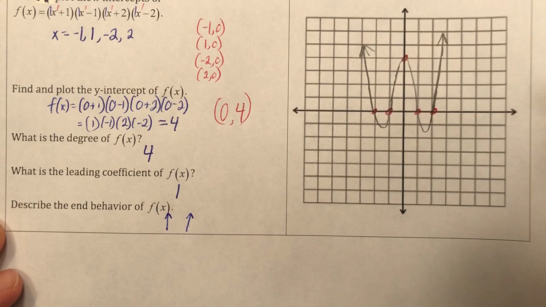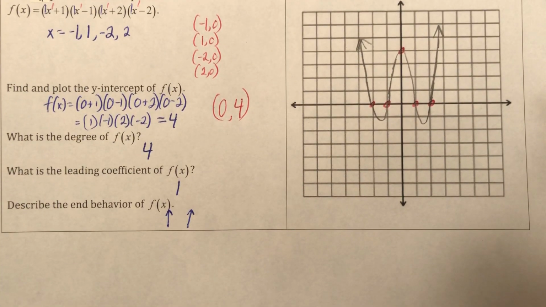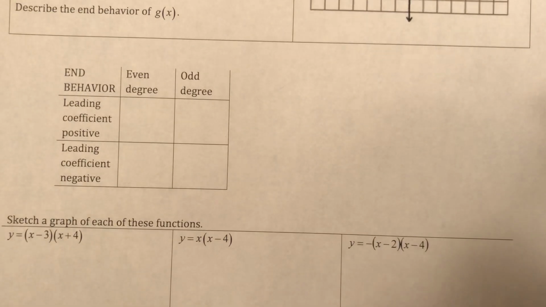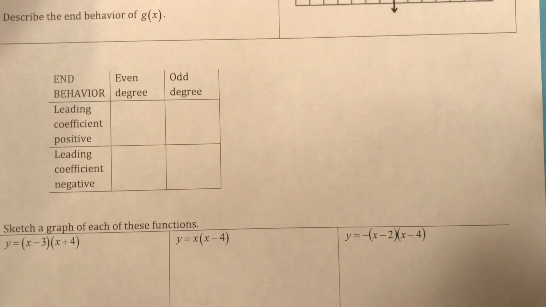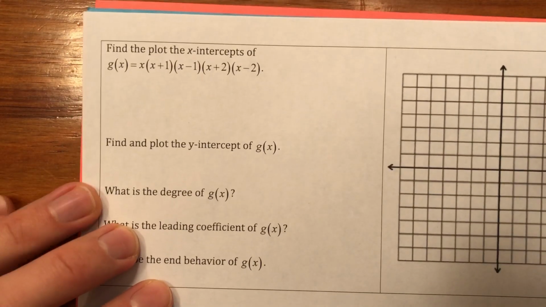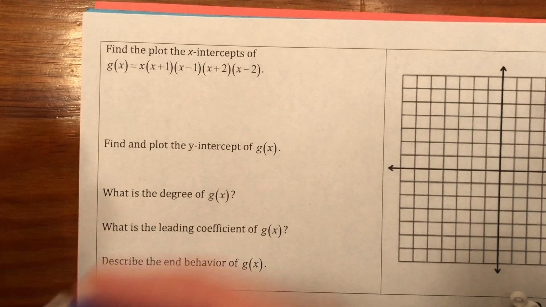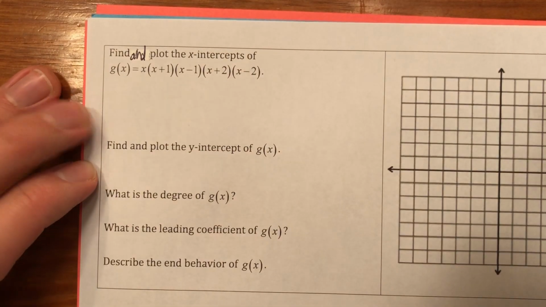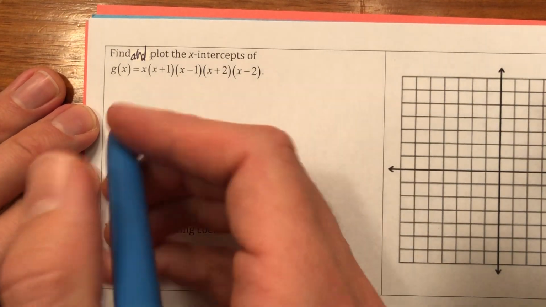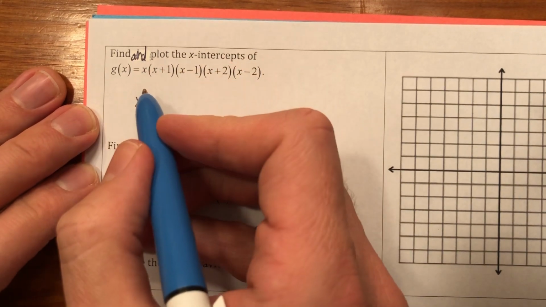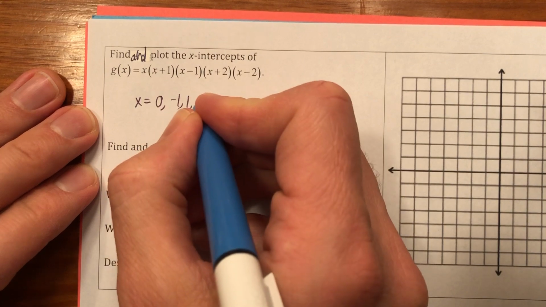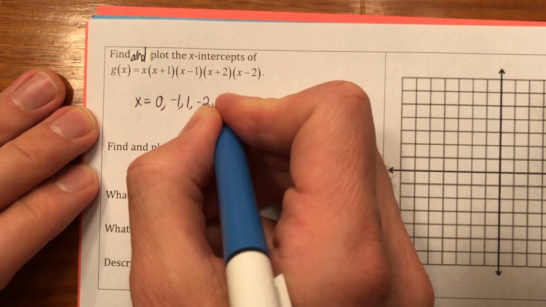Alrighty. Let's do one more, and then we'll start making sense of this just a little bit more. We'll do this next one very quickly because it's very similar to what we've already seen. We're going to find and plot the intercepts. Man, ridiculous typo that happens from copying and pasting. We're going to find and plot the x-intercepts of that. So here they are. x equals 0, -1, +1, -2, +2.